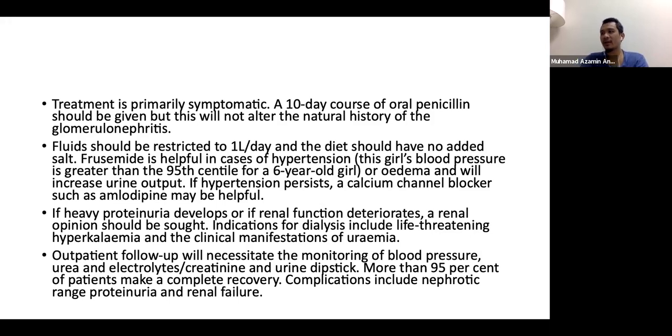Normally in nephritis, you restrict fluids to 1 liter or 1.5 liters a day, because some of them might have fluid overload or retention. Some might need salt restriction. If they develop hypertension due to fluid overload, you can give furosemide to get rid of the excess fluid. If the hypertension is not due to overload, you can try a calcium channel blocker such as nifedipine or amlodipine.